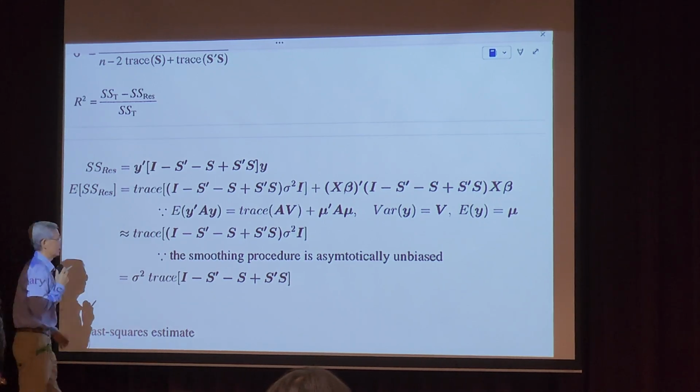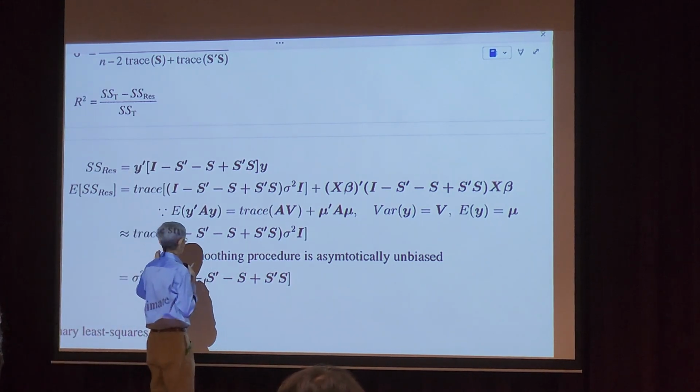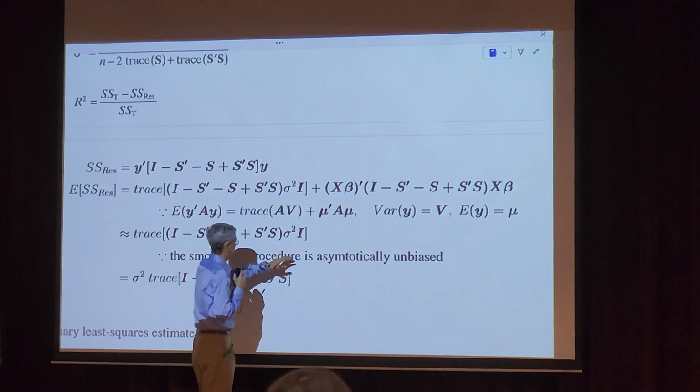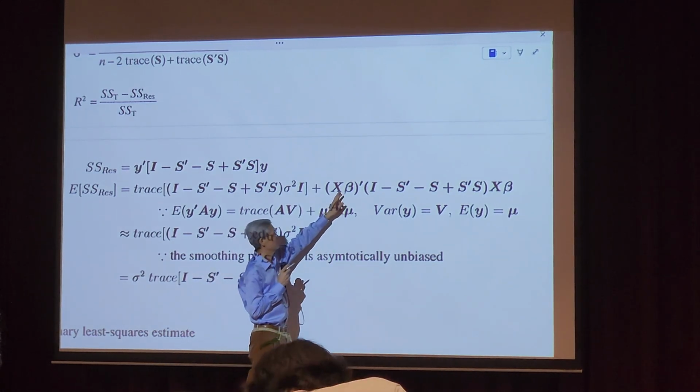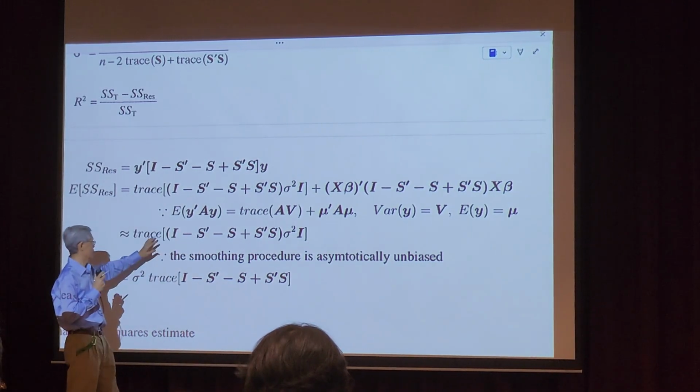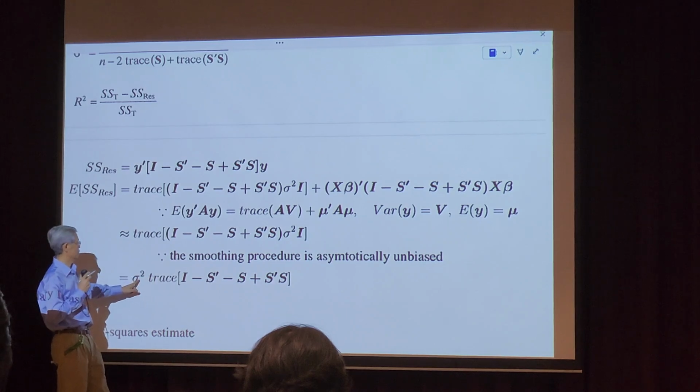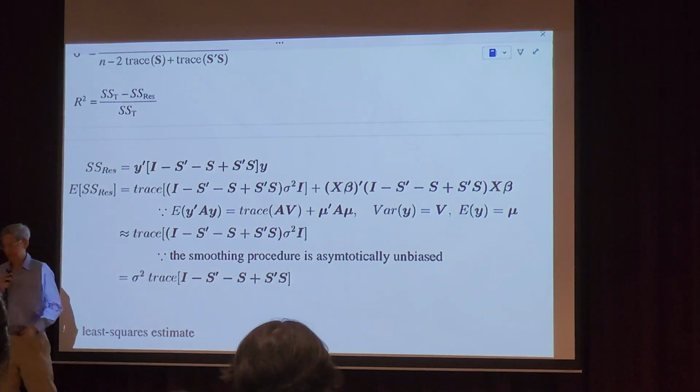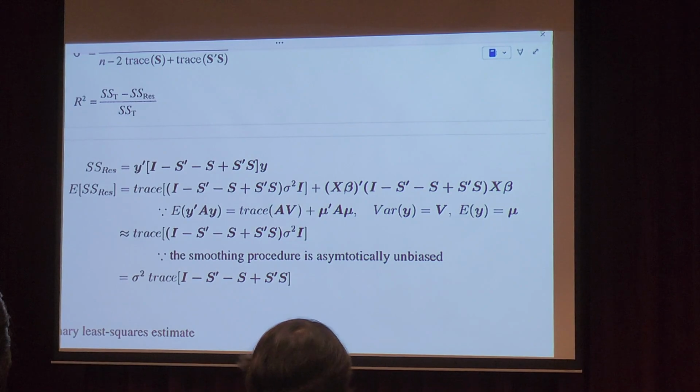Now, if that is true, because this procedure is asymptotically unbiased, this part will converge to 0, so we're left with this. And then the trace will become this. So how is this possible? How does this part converge to 0?